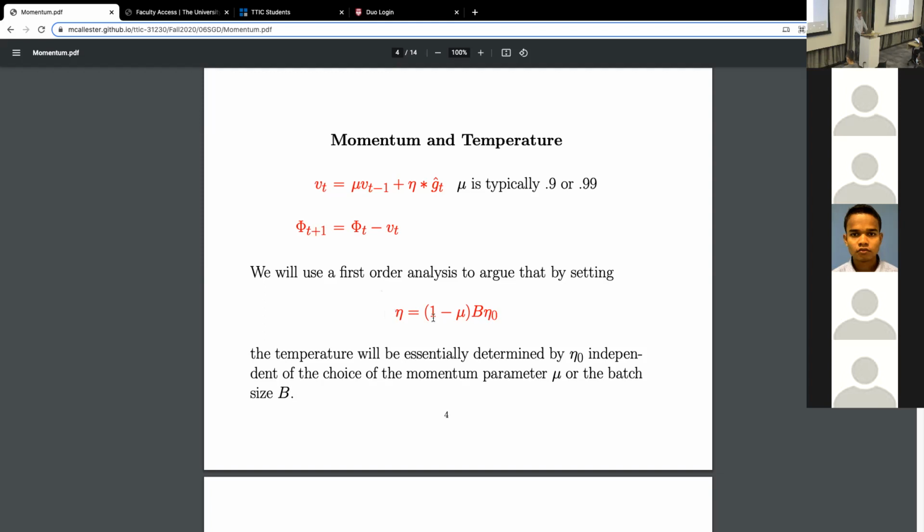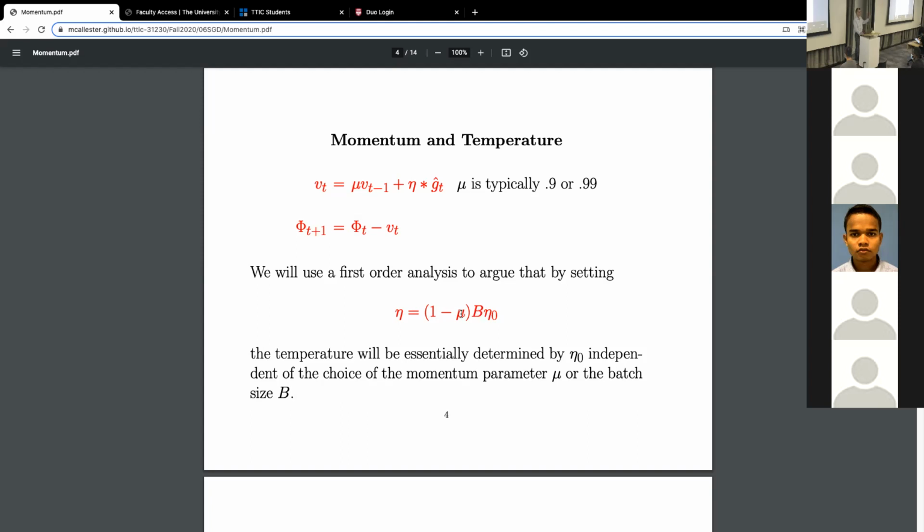This slide jumps ahead. My claim is that if you set your learning rate in PyTorch to this formula, where mu is the momentum parameter and B is the batch size, you'll get a stable temperature independent of the batch size and the momentum.